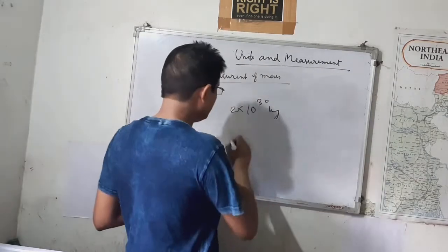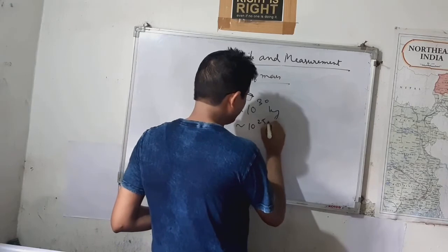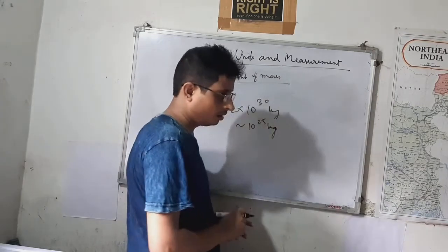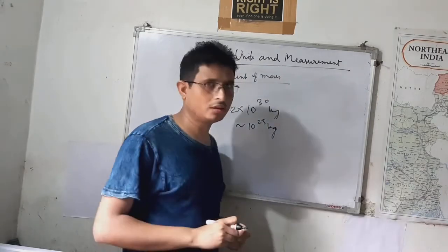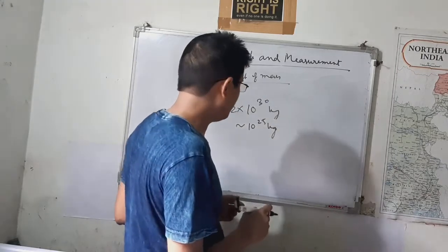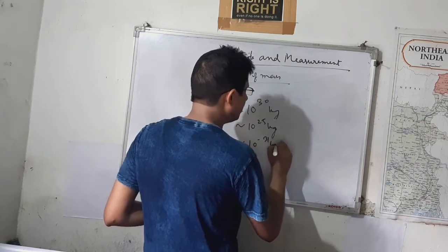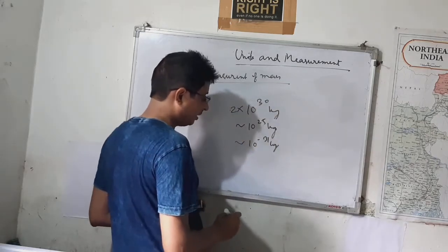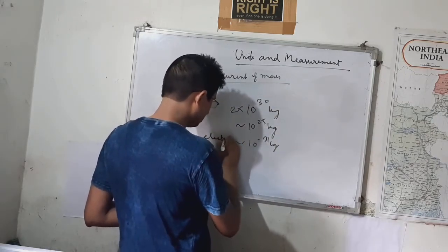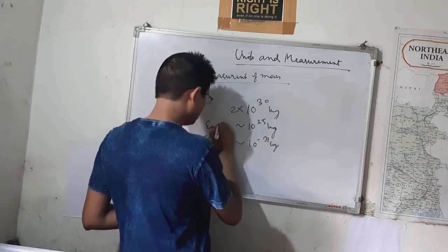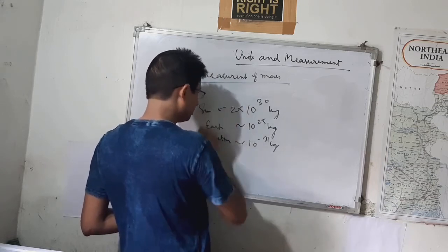The mass of our earth is approximately 10 to the power 25 kilogram. The mass of an electron is 10 to the power minus 31 kilogram. This is the electron, this is earth, this is sun.